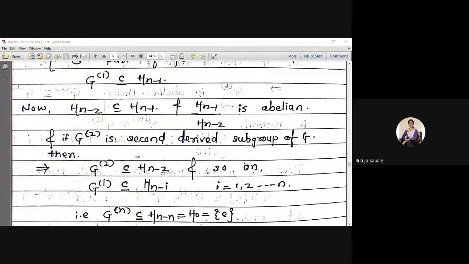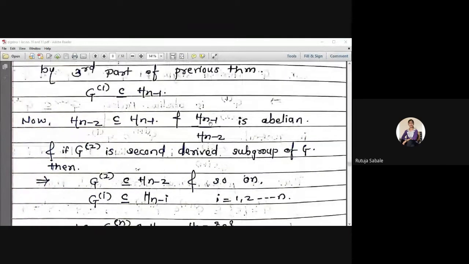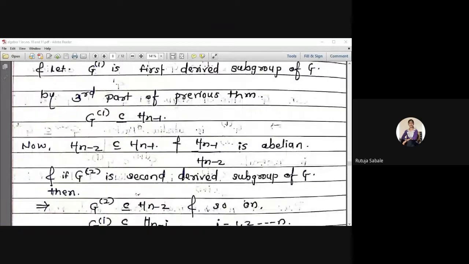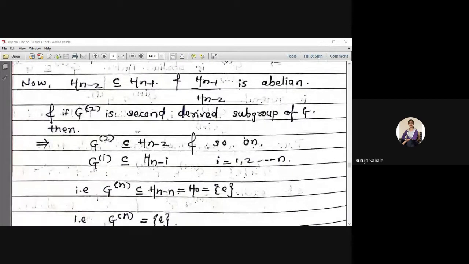Okay, any doubt? See, if you have written down the third part, then look, in place of capital N put H_{n-2} here. So H_{n-1} upon N is abelian, and here N is normal in H_{n-1}. Now G2 is the second derived subgroup of G, then we have G2 is contained in H_{n-2} and so on.